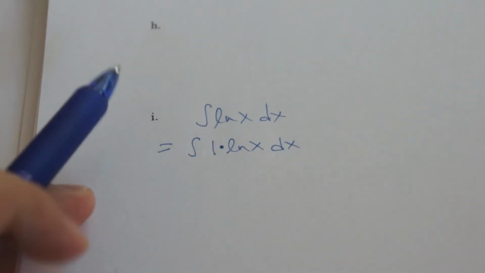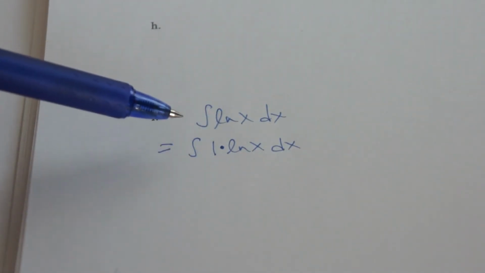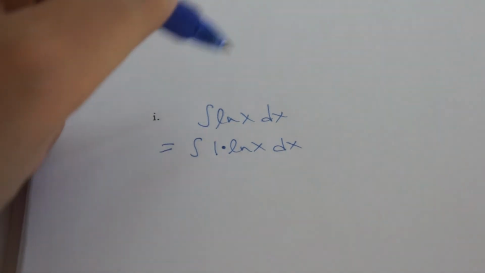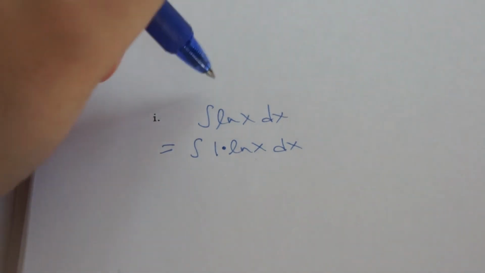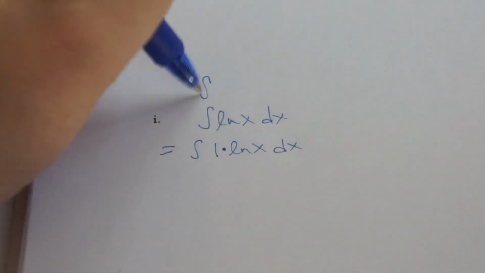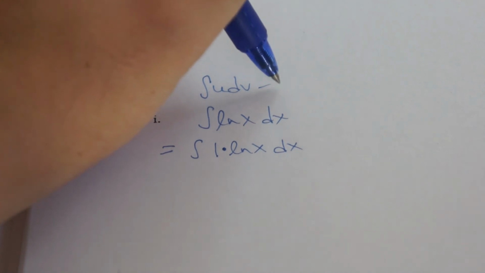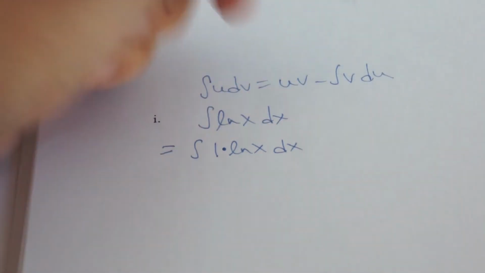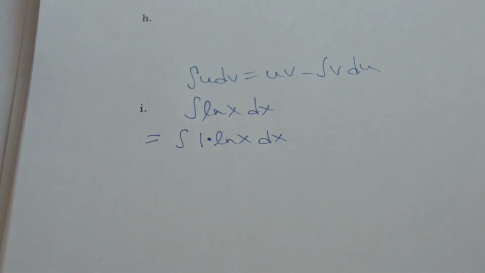Okay, we can't use substitution, and we cannot integrate easily, but actually you can choose to use integration by parts, which is integral of u dv equals uv minus integral of v du. We need to choose one of them to be u and the other one should be dv.